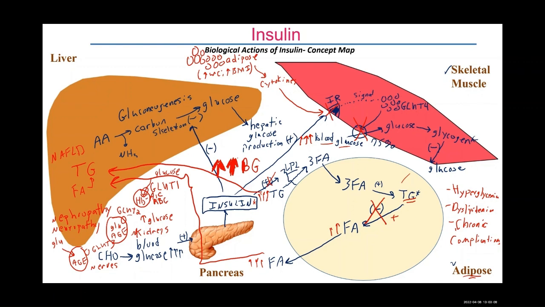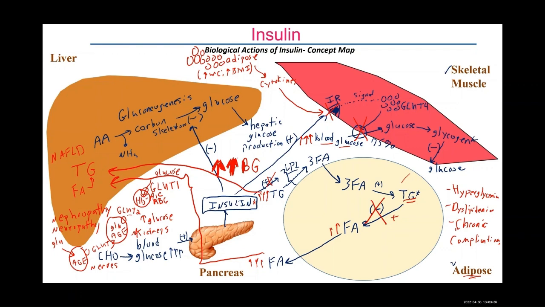Okay, normally what happens is your blood glucose rises, and that's going to stimulate your pancreas to release insulin. When insulin is released, it's going to stimulate your skeletal muscles to remove glucose from the blood. And when glucose is removed from the blood by the muscles, it's going to be stored as glycogen.